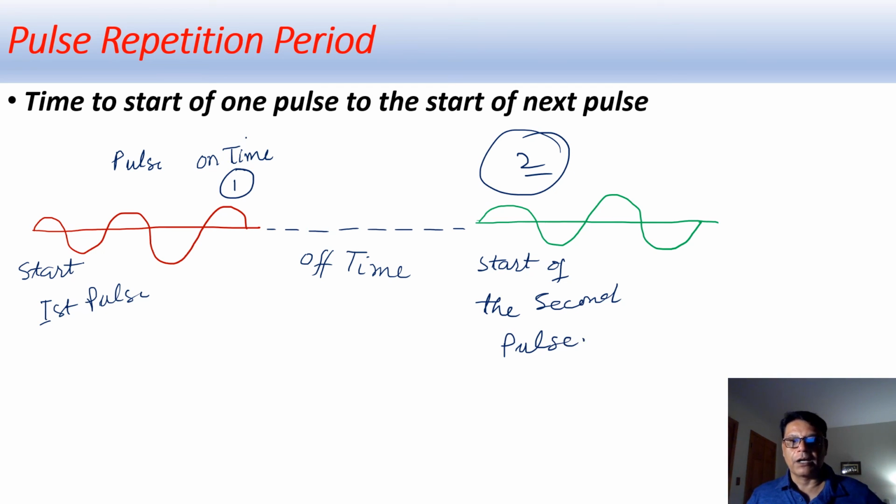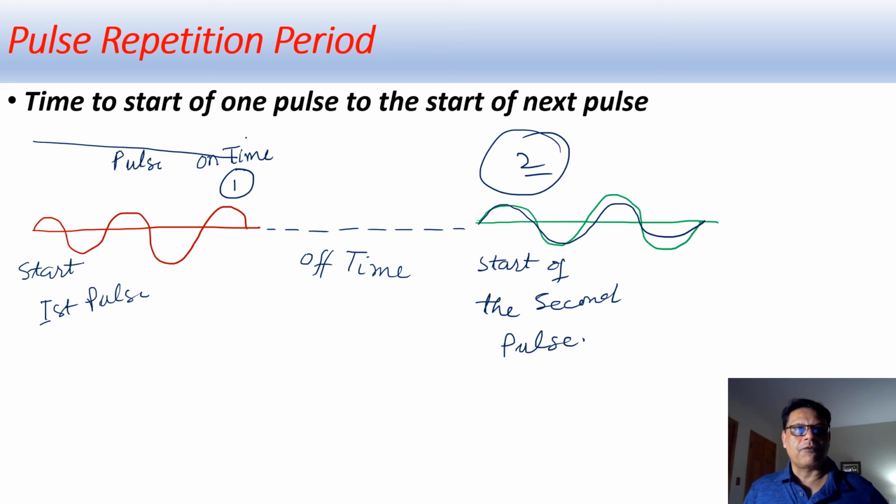Remember, we are talking about the time. So the time in which a pulse is being produced, and the time in which the transducer is silent, and again the time for the production of the next pulse. So what does this pulse repetition period say?